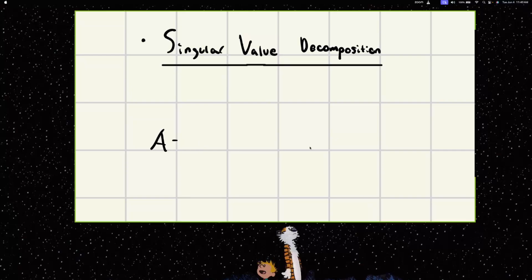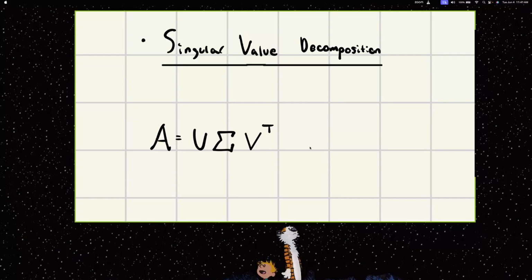So what is the singular value decomposition? Well, I'll just give it to you right away, and then we'll go over what everything means. Some matrix A can be expressed as a product of three other simpler matrices, U, sigma, and V transpose. And I'll get into what all three of these matrices are.